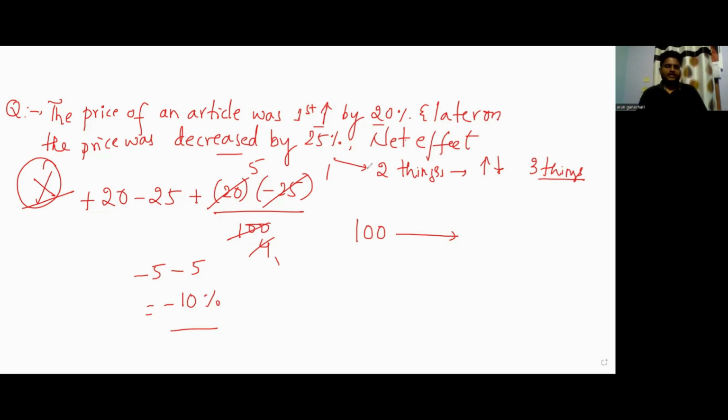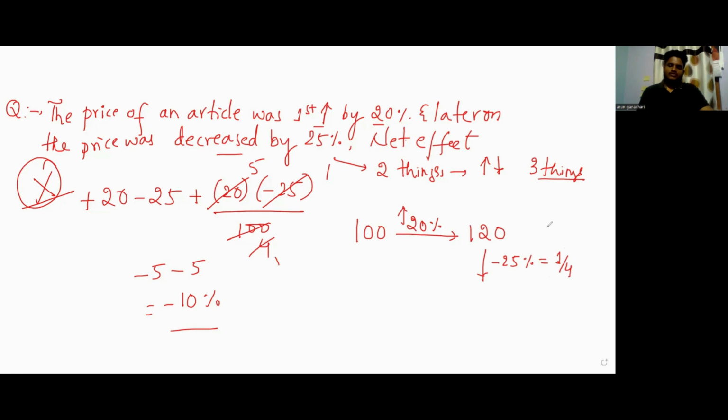From 100, we are increasing it by how much? 20%. So it will become 120. From 120, we have to decrease it by how much? 25%. So how will you decrease it by 25%? We have to first find 25% of 120. 25% is nothing but 1 by 4.